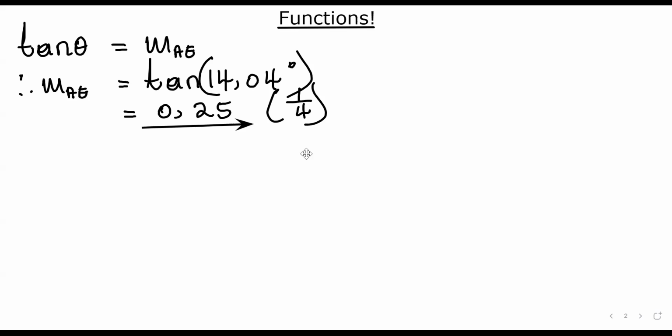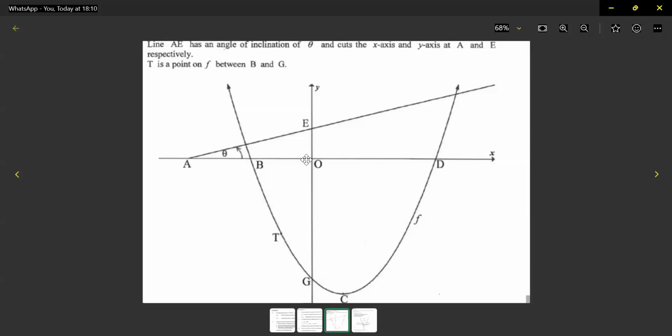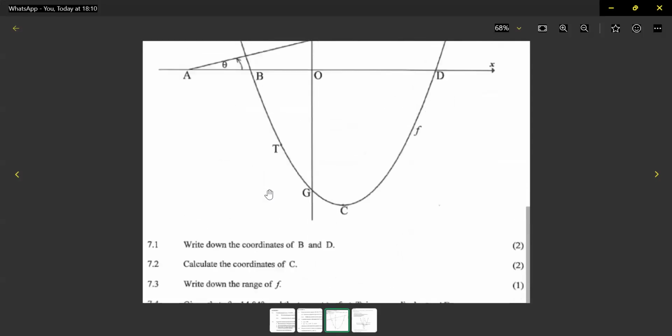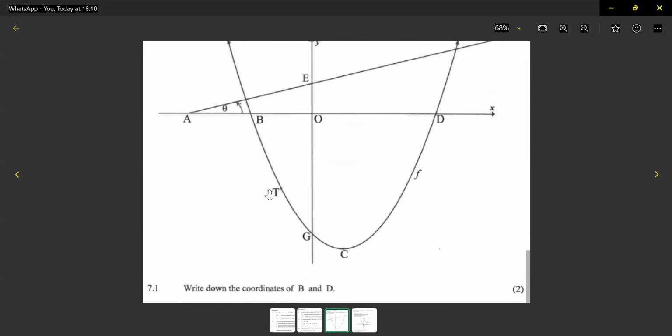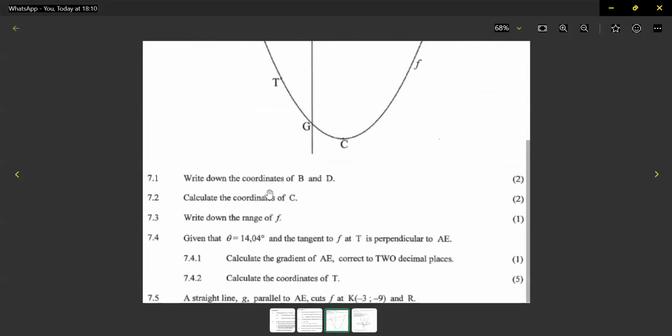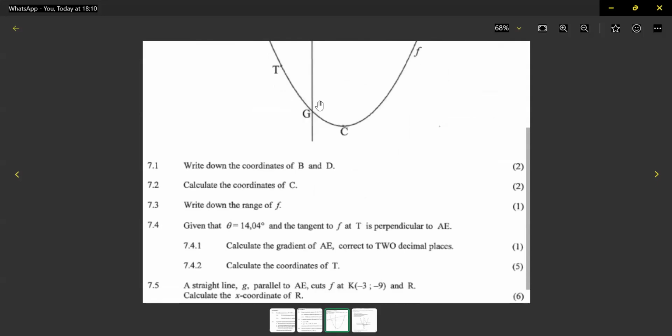Now, what does the next question say then? Now that we know the gradient of the line AE, let's look at it. Well, they say to us, please calculate the coordinates of the point T. And this is for 5 marks.